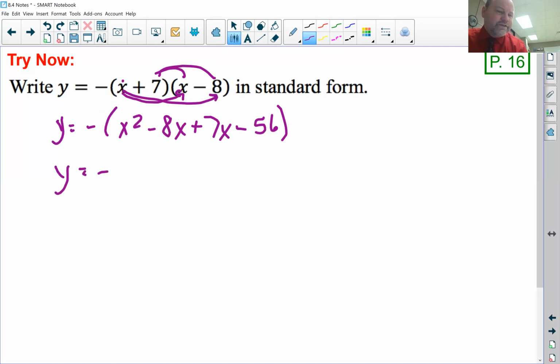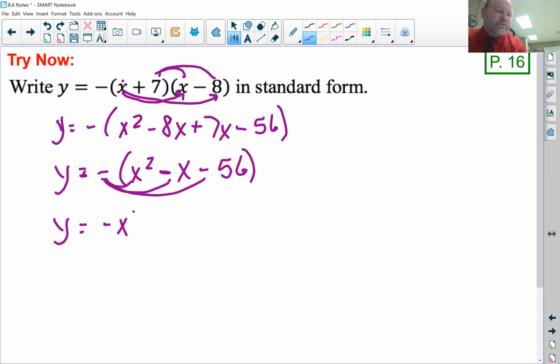Don't forget that negative that's out front, but I'm combining my like terms. Minus 8x plus 7x is minus x. And now when I distribute that negative, all I do is change my signs. So the x squared was positive, I put a negative in front of it. I had minus x, that becomes plus x. I had minus 56, that becomes plus 56.